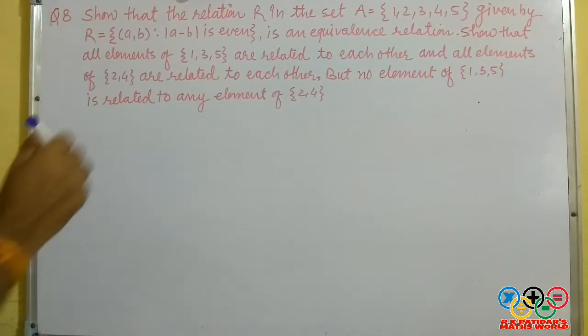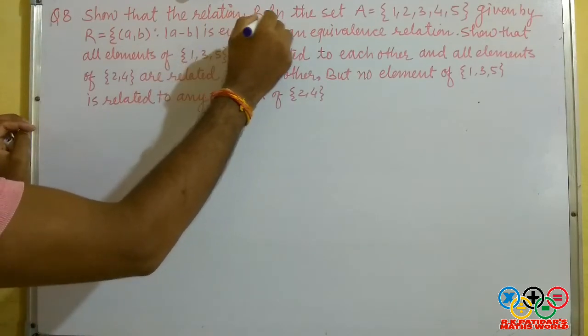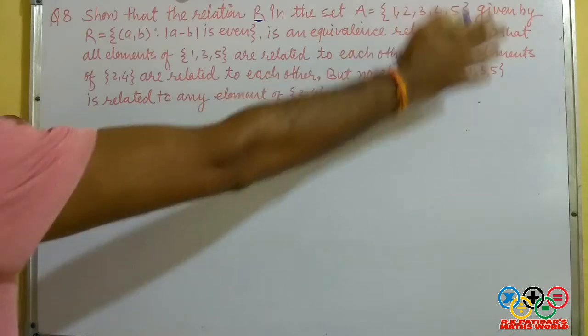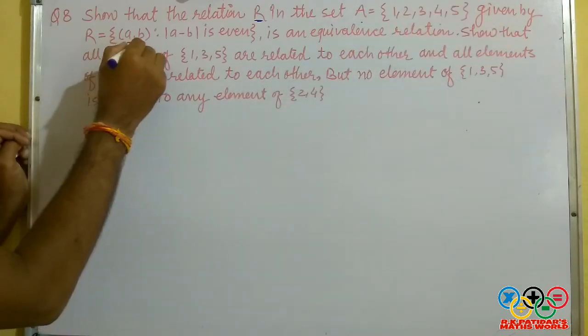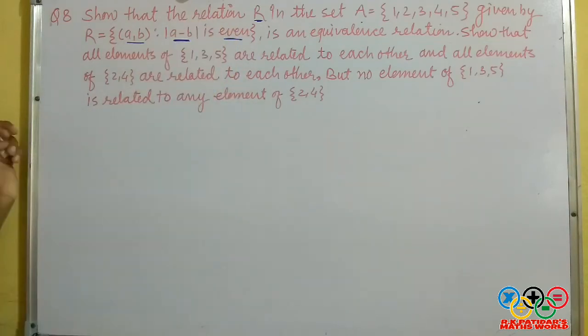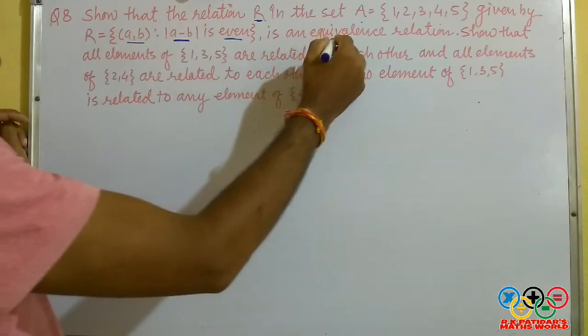Question number 8. We have to show that a relation R in the set A, the elements of set A being 1, 2, 3, 4, 5, given by (a, b) such that the modulus of a minus b is even, meaning it is divisible by 2, is an equivalence relation.